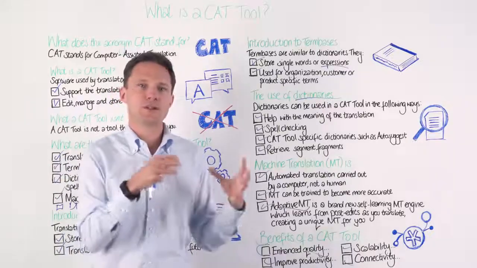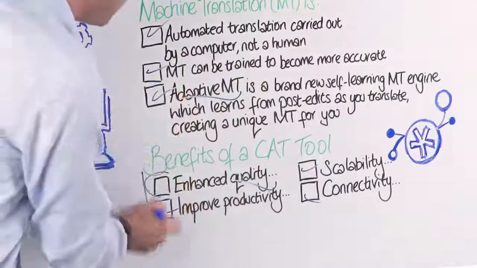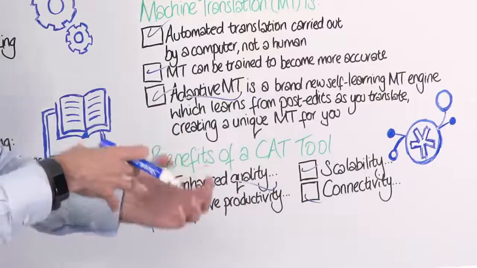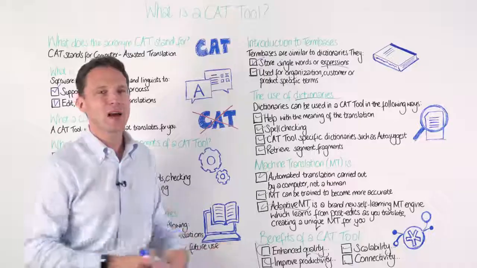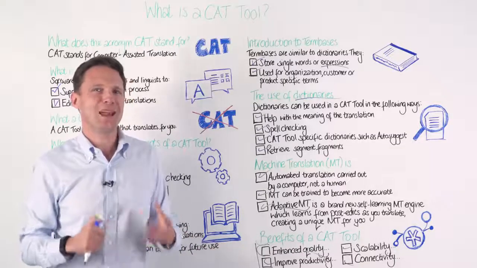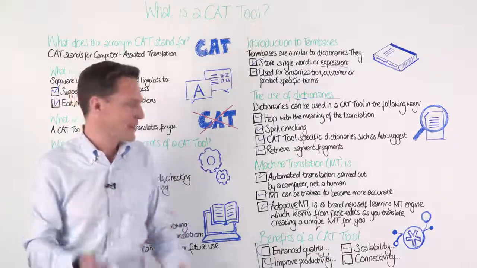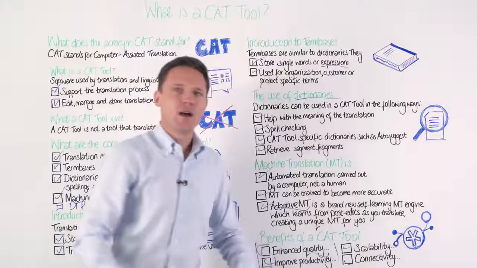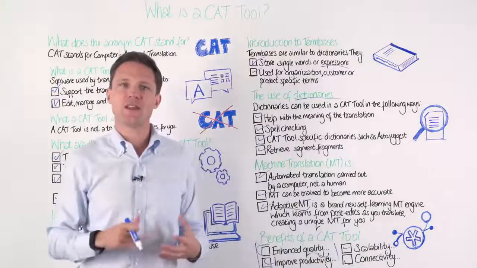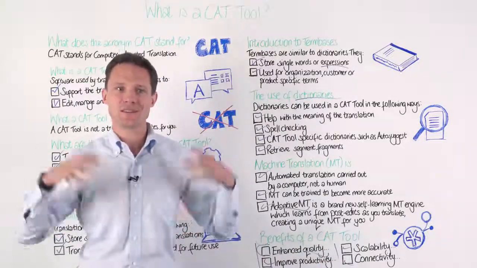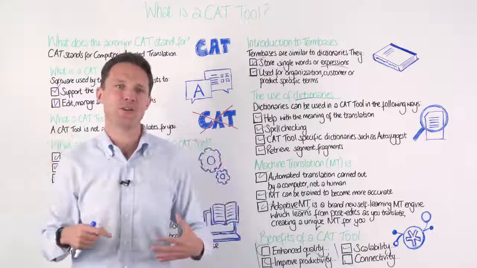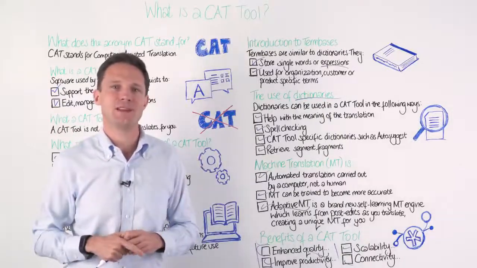So whether you are a translator where you're going to benefit specifically from the quality and the productivity enhancements, and hopefully doing less of the boring tasks and more of the fun task of translation, or whether you are a company or a translation agency who are trying to translate more or stay on top of your content, a CAT tool can really make a difference.